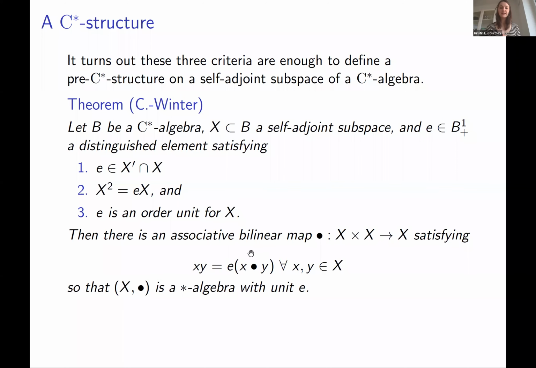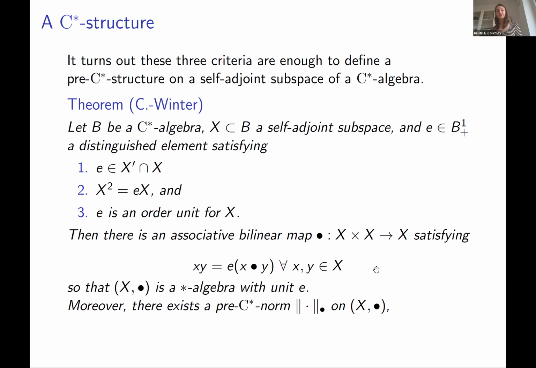But we can say that it's going to satisfy this equality here, which looks a lot like the structure theorem for CP order 0 maps. So if I multiply two things, and this multiplication is in B, and then I take E, and I take the multiplication in B with X bullet Y, then I get this equality here.